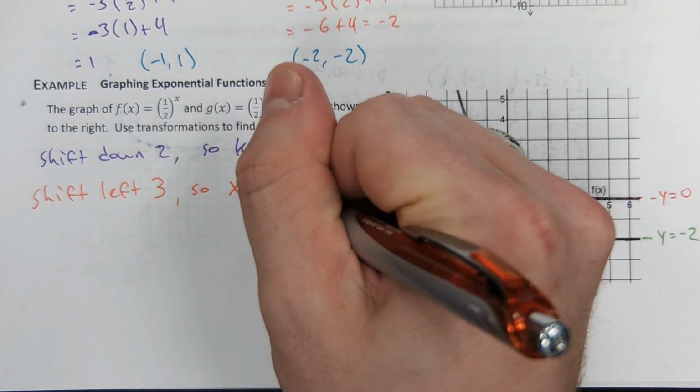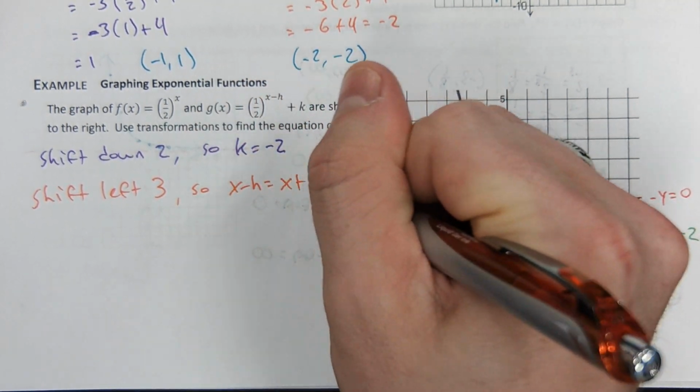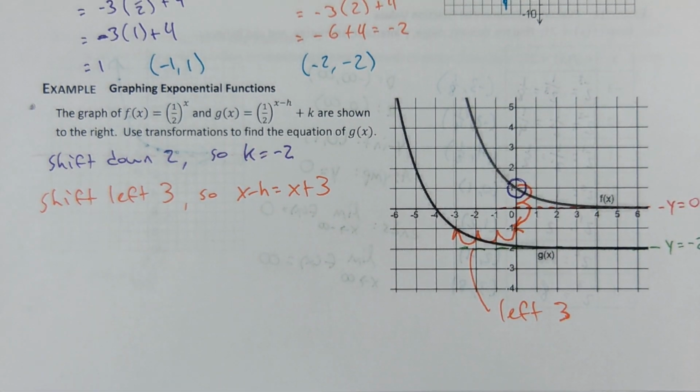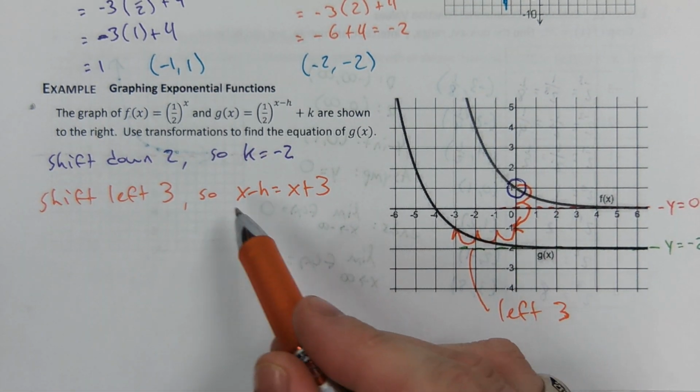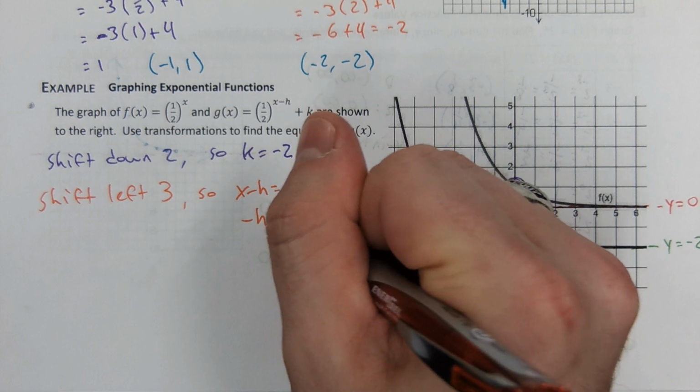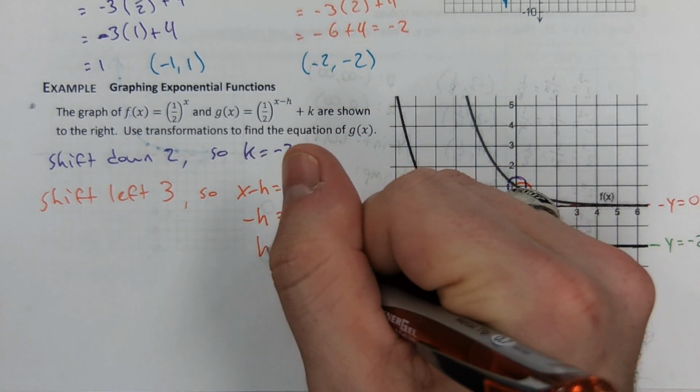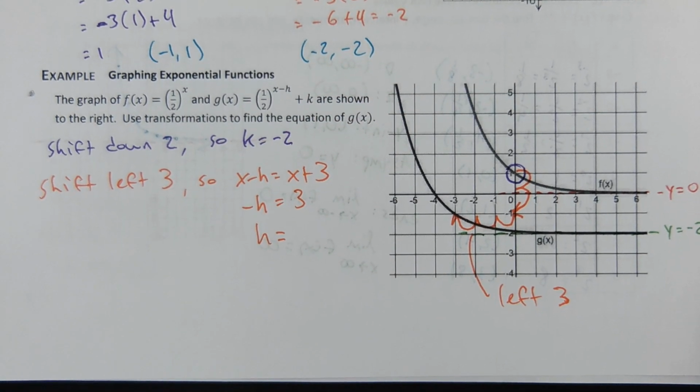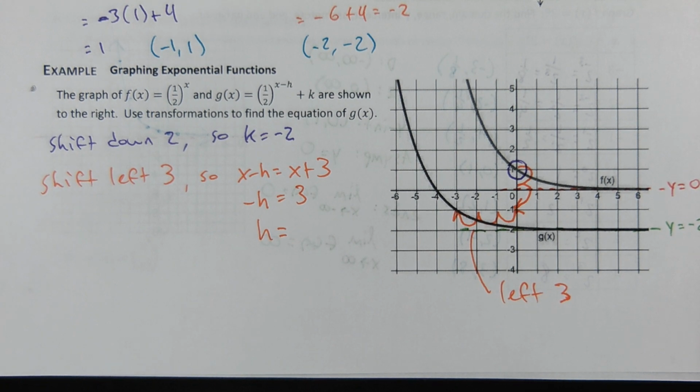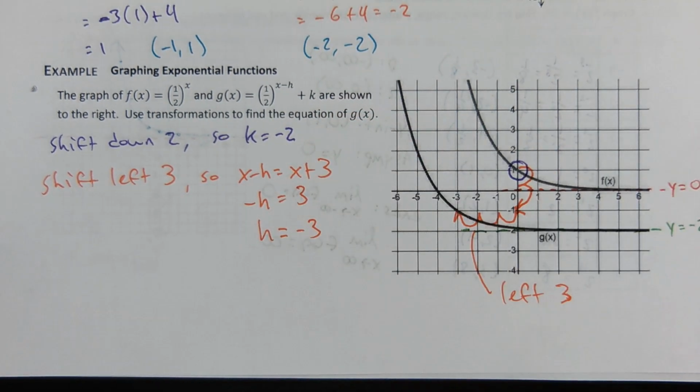So our x minus h should have said x plus 3, because we all know that x plus 3 means go left 3. If you subtract x from both sides, you get negative h equals 3. So what does h equal? Negative 3. So that's how you solve for h and for k.